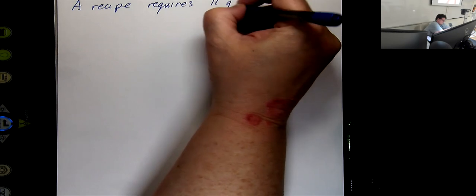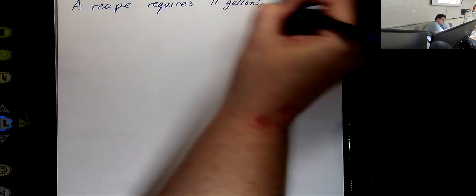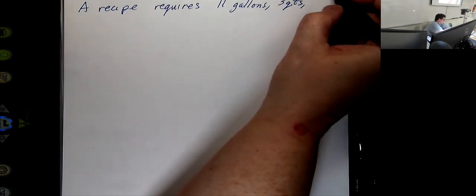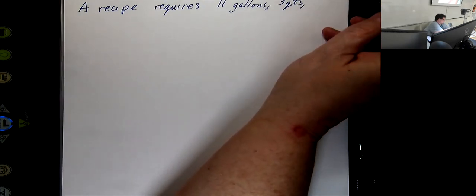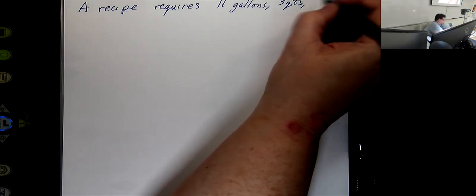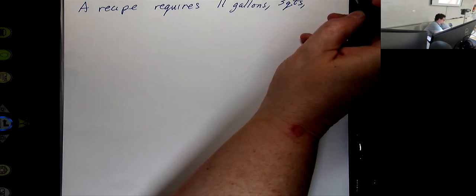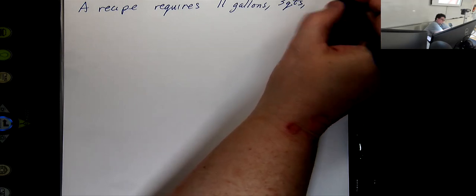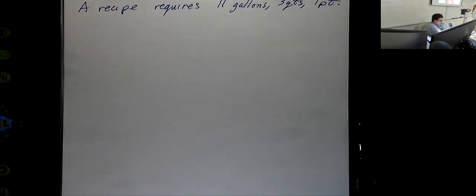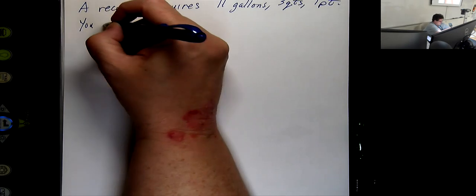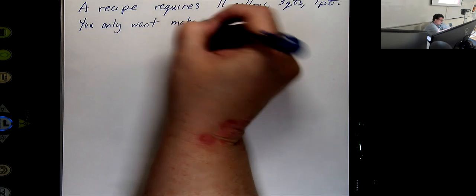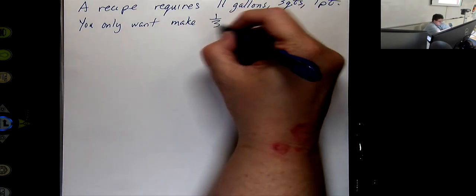11 gallons, 3 quarts, and 1 pint. And you only want to make 1/3 of the recipe.